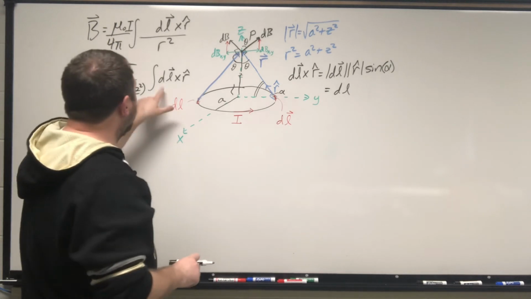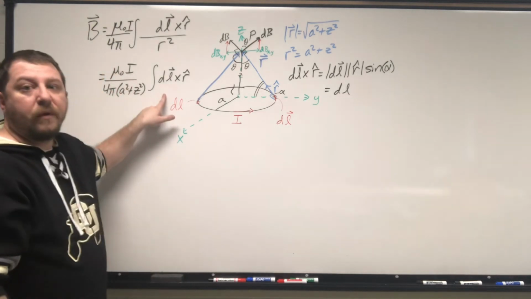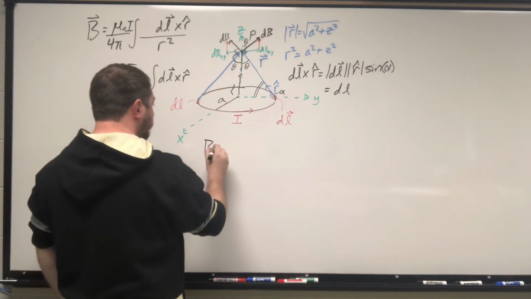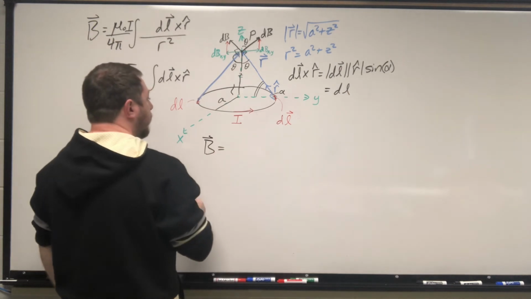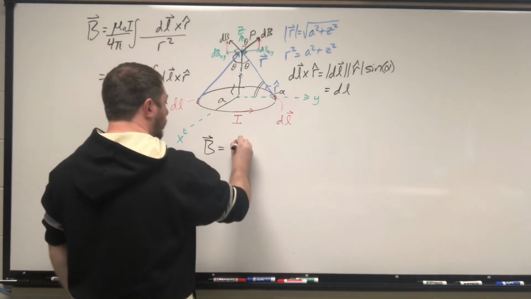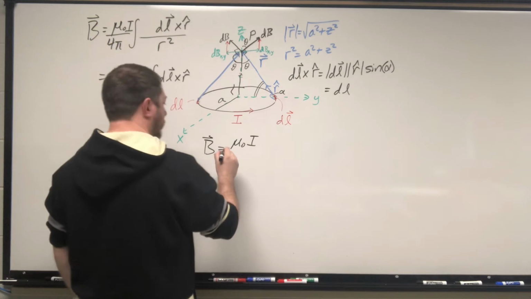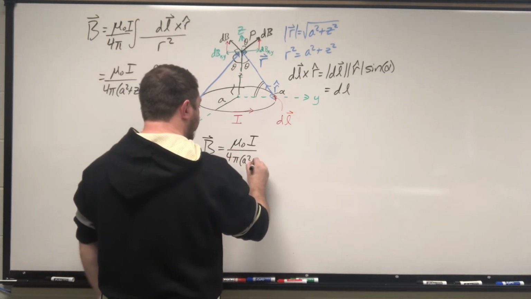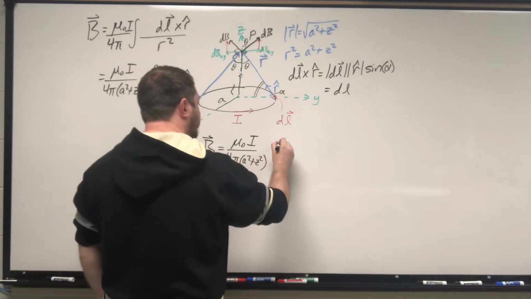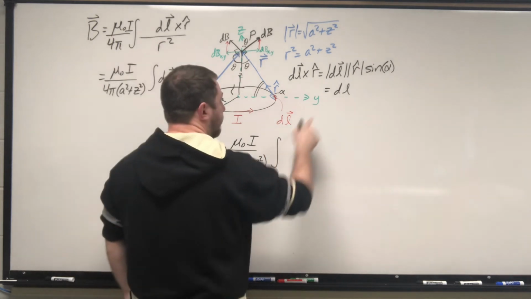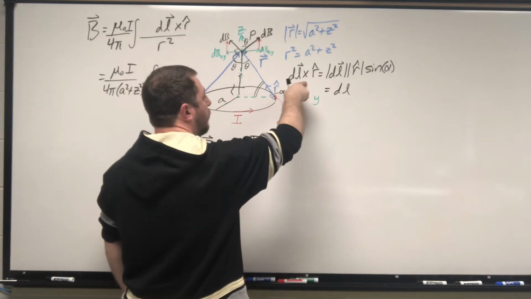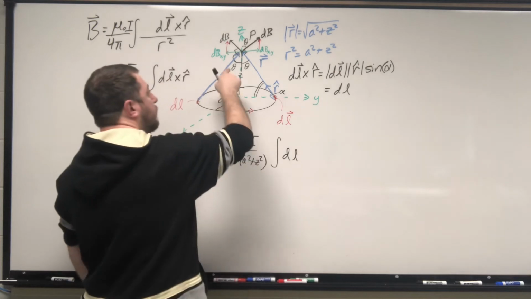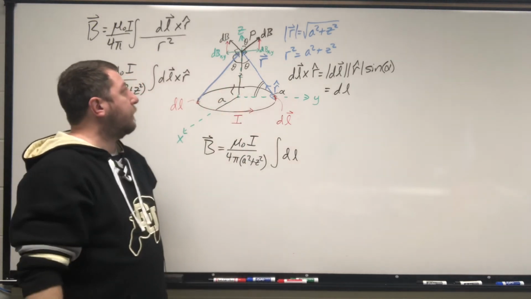So this integral turns into, in this case, B equals mu naught I over 4 pi a squared plus z squared times the integral of dl, after we've reduced the dl cross r hat to be just the magnitude of dl, times the cosine of theta, right?